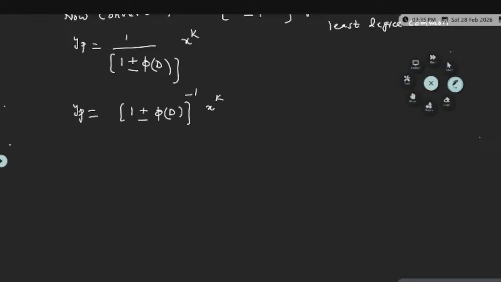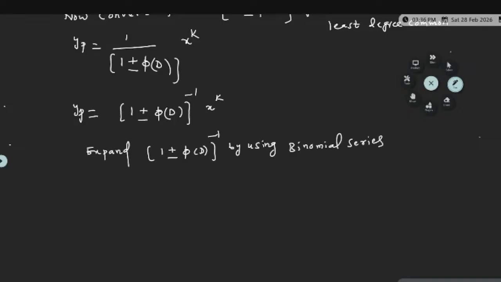Expand 1 plus or minus phi of D whole inverse by using binomial series up to D power k and operate with x power k.